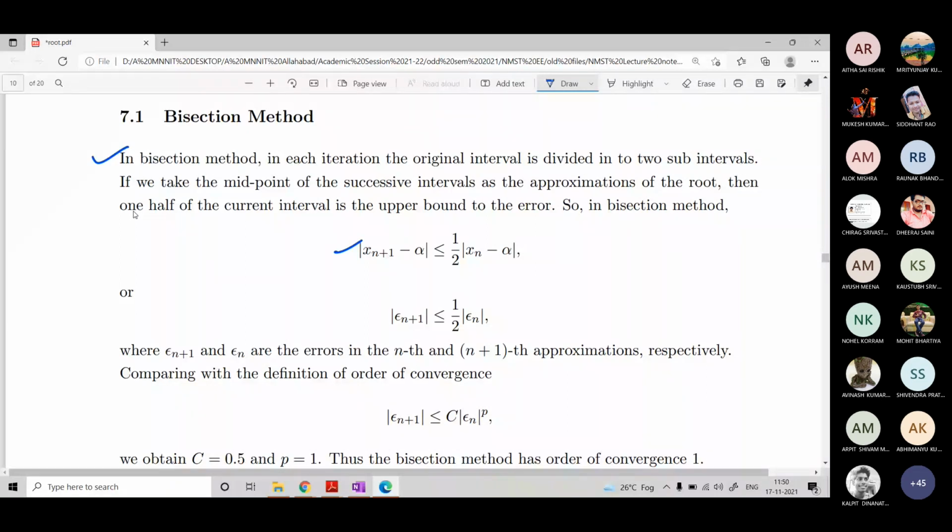So that is the reason for writing mod of xn plus 1 minus alpha is less than or equal to half of mod of xn minus alpha. If you compare it with the definition of order of convergence, what do you see?